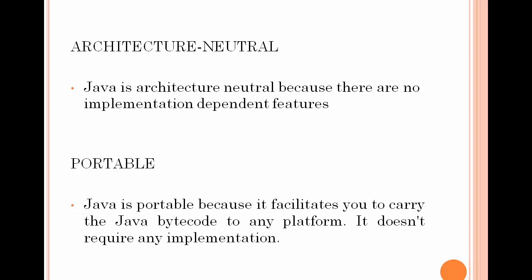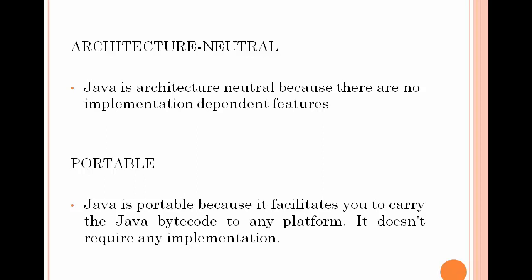Architecture neutral. Java is architecture neutral because there are no implementation dependent features. For example, the size of primitive types is fixed in Java.